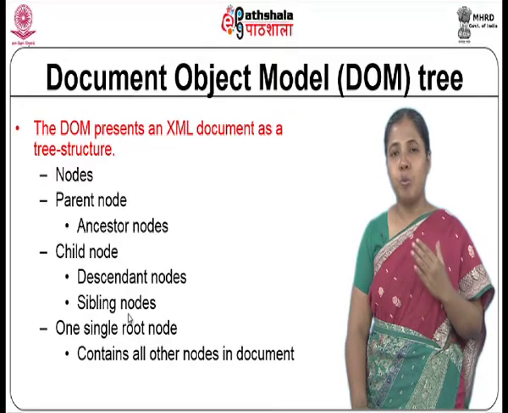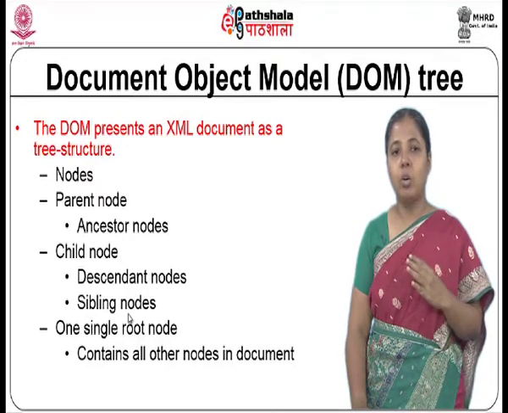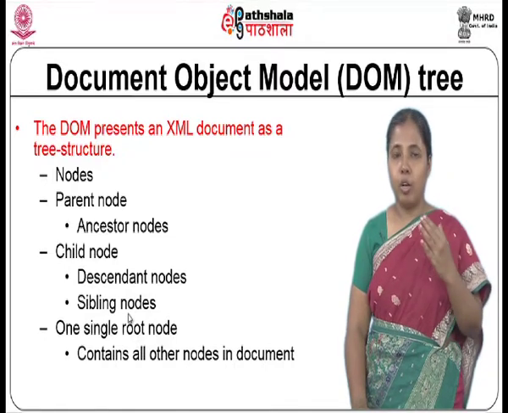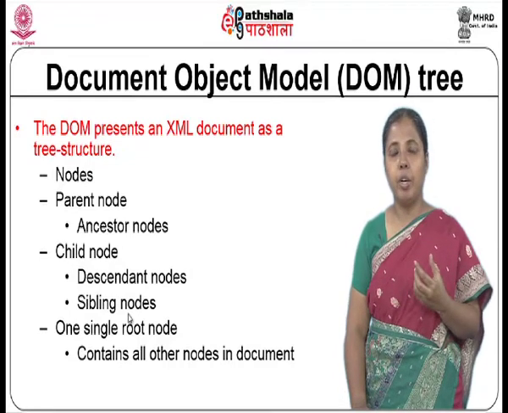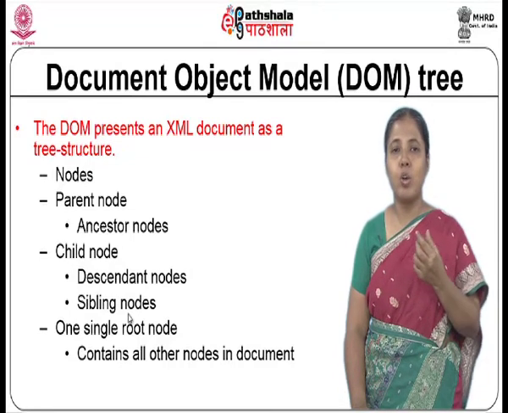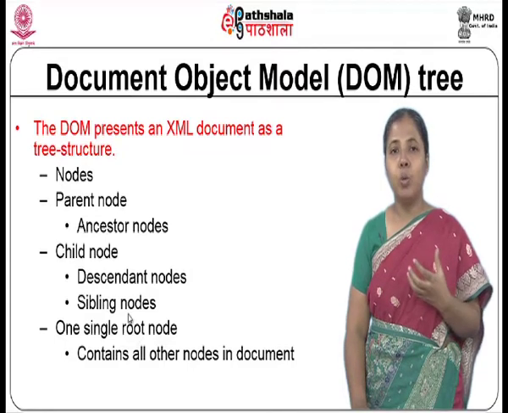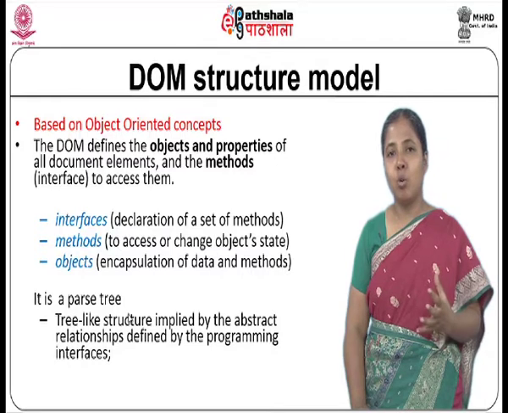In the context of child nodes, we can say that it can be a descendant node or a sibling node, and since it is a tree structure, we know that an XML document has one root element. So, here too there will be a node called the root node, and all the other nodes will be part of this root node.